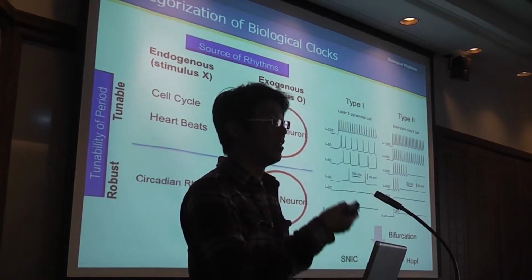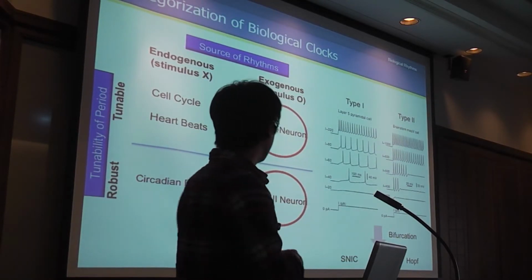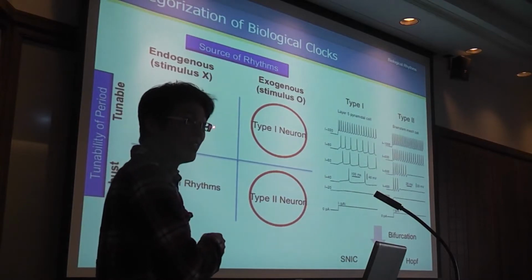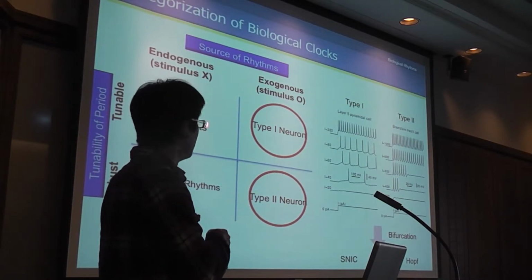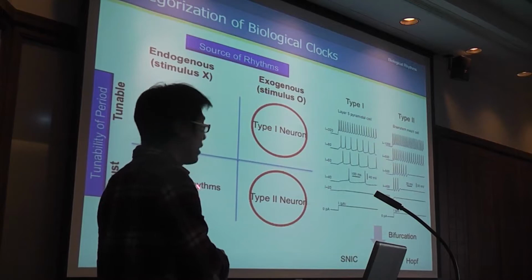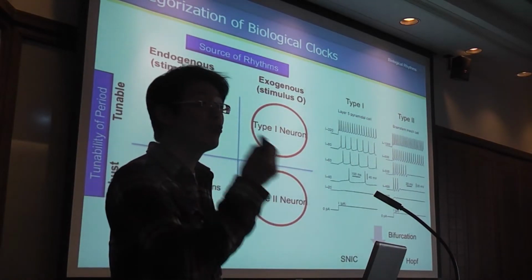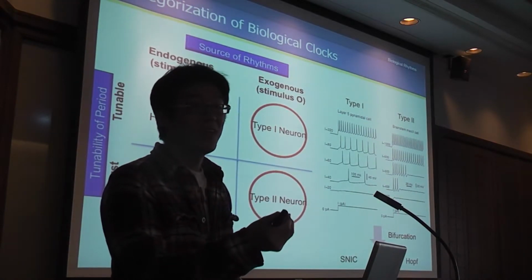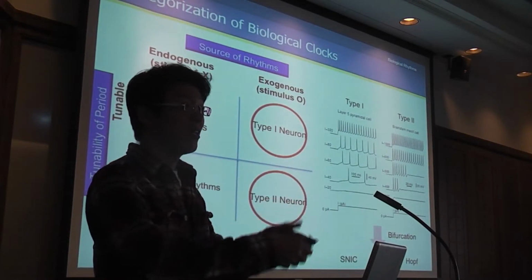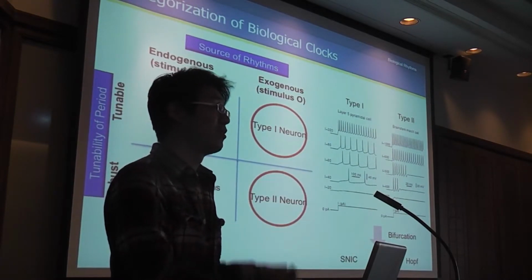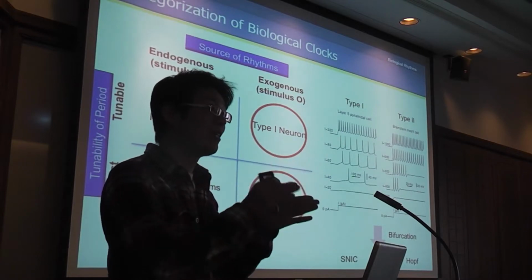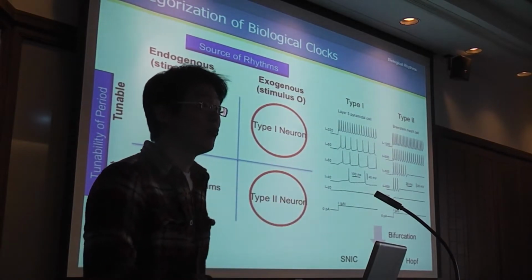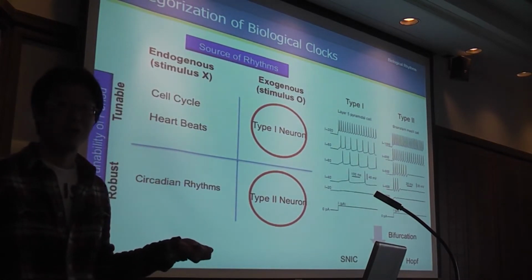So depending on your body condition, we have to tune this period, right? This is a very essential property of this clock. However, the circadian clock has to maintain a 24-hour period. So if we culture the circadian clock for 6 weeks or 8 weeks, the 24-hour period is really tightly maintained without any environmental cue.